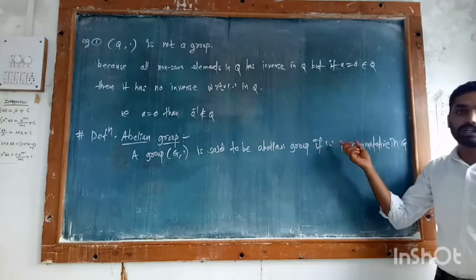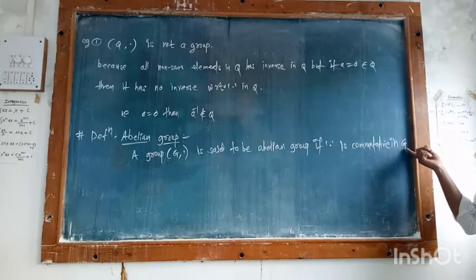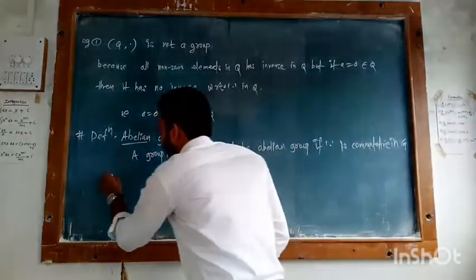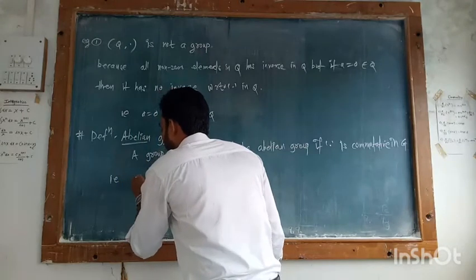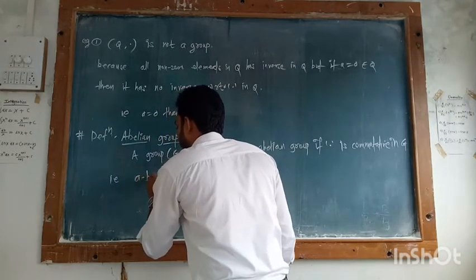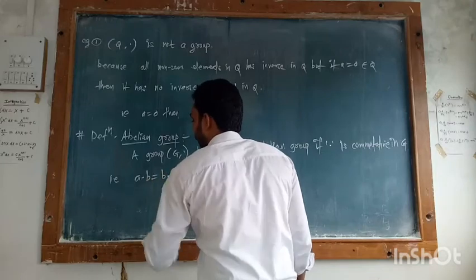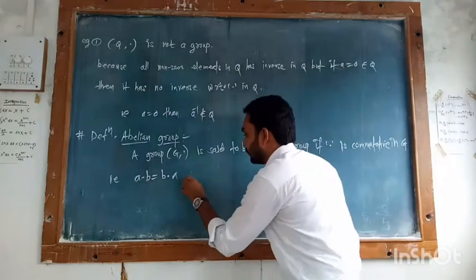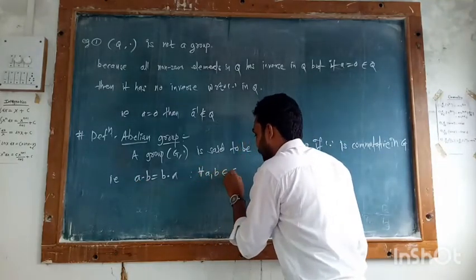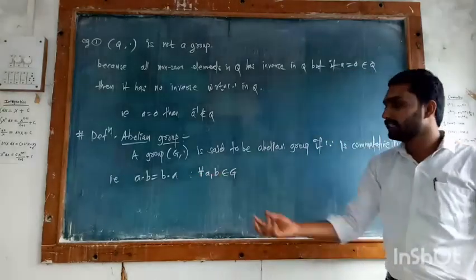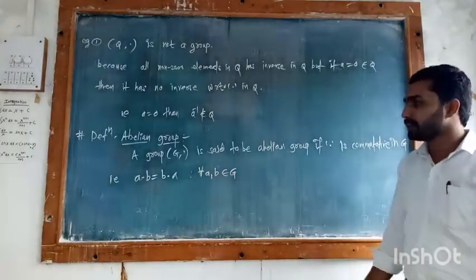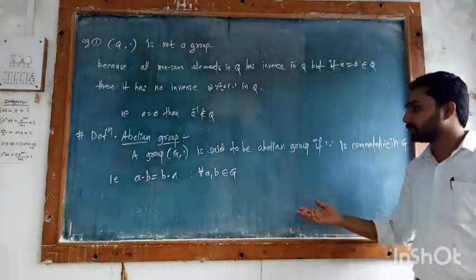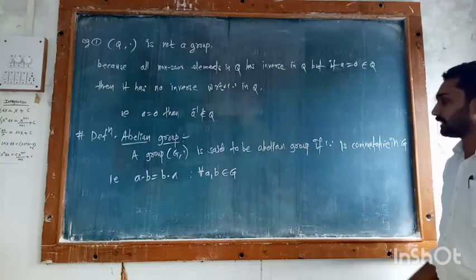If your binary operation dot is commutative in your set G, that means the binary operation dot satisfies the commutative property. That is, a dot b equals b dot a for all a and b members of G. This is your commutative property.